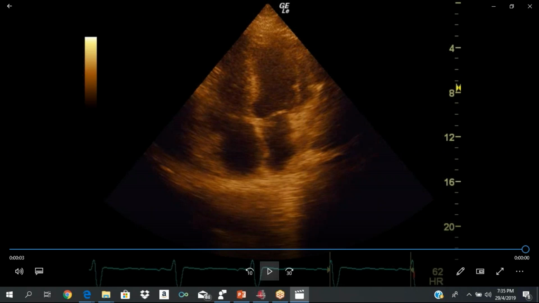It's a linear measurement. So those are the methods that we use for LV systolic function. And we also talk about the segments, the different segments, and the blood supply to the different segments.